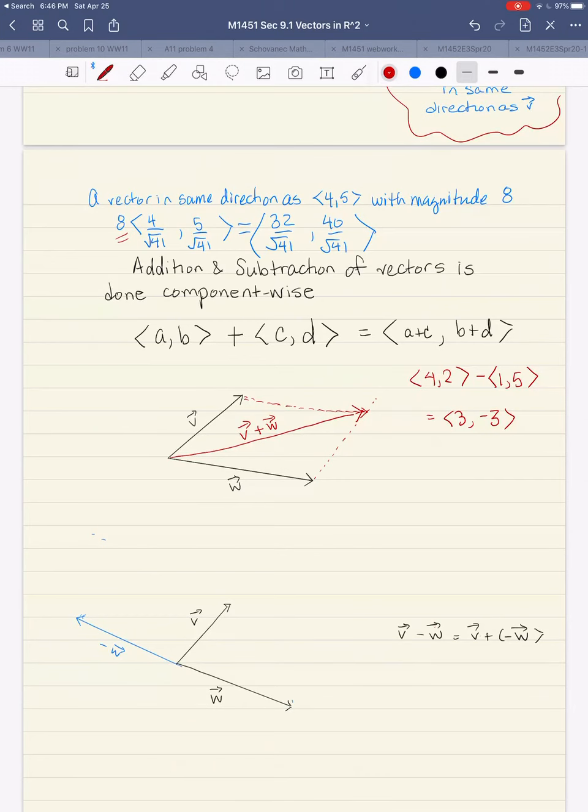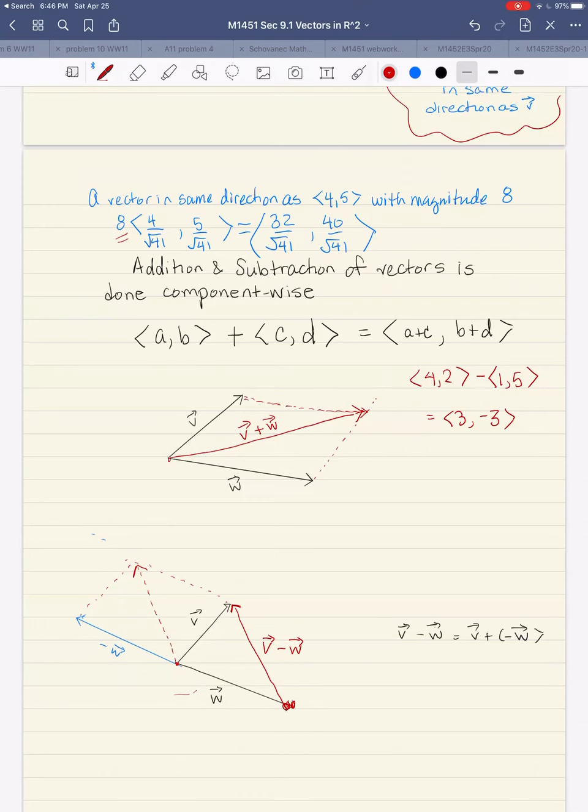Keep in mind that V minus W is V plus minus W. So here's V and W, so minus W flips in the other direction, but with the same length. And so if I make my parallelogram over here, then V plus minus W could be right here. But typically what we do is we pick that arrow up and we take this point over to here and the head right there, and I get a vector that's parallel with the same length and the same direction, and that's vector V minus W.